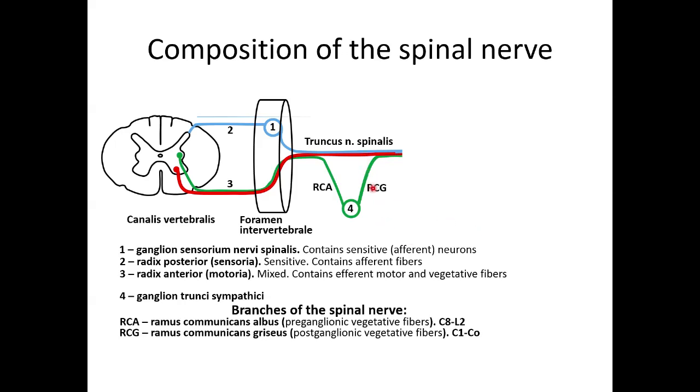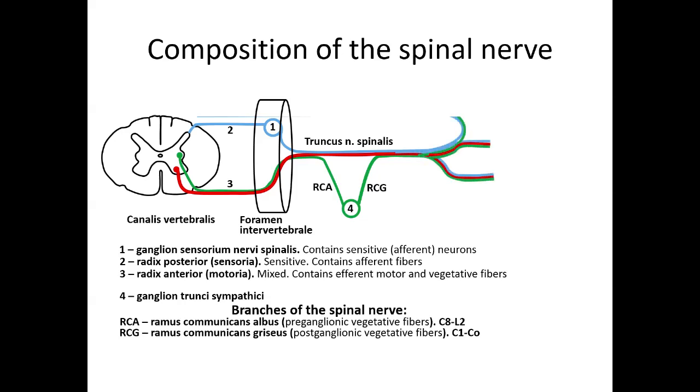We can find ramus communicans griseus everywhere, that means from first cervical till coccygeal segments. So it's important that ramus communicans albus we can find only in thoracolumbar segments, but ramus communicans griseus everywhere in all segments of spinal cord.